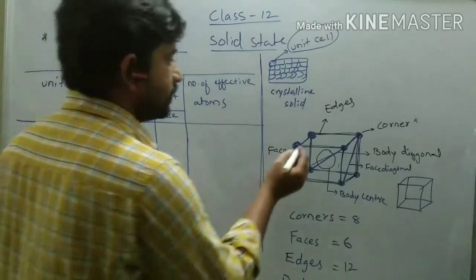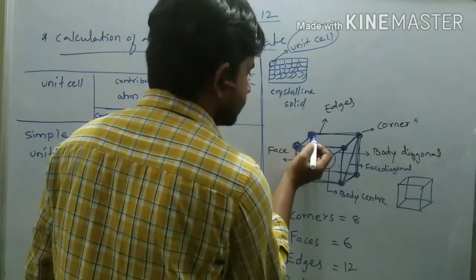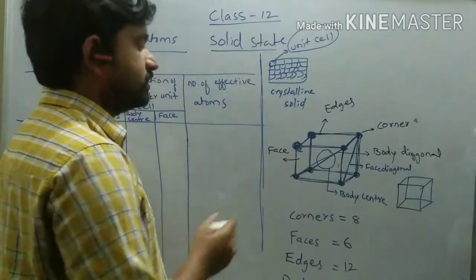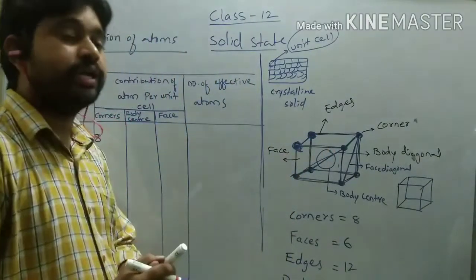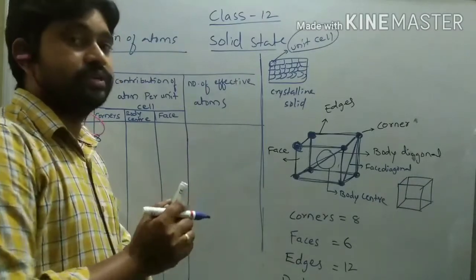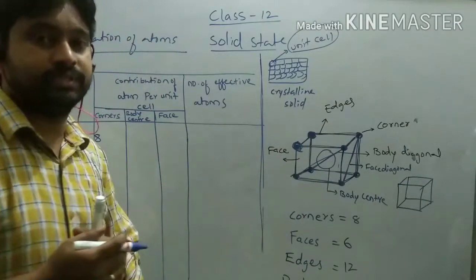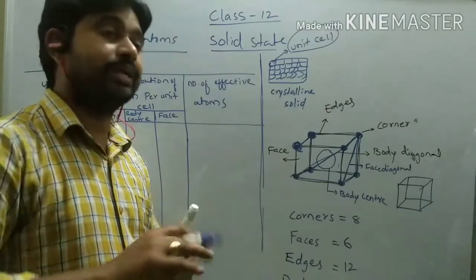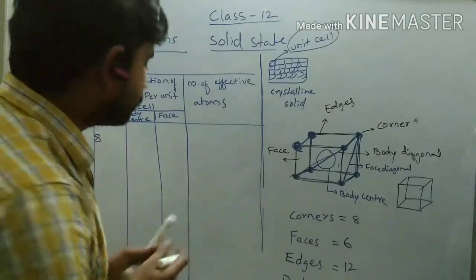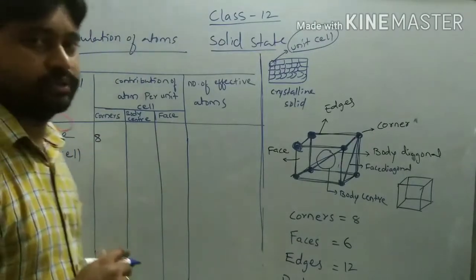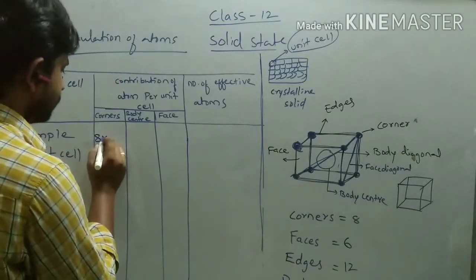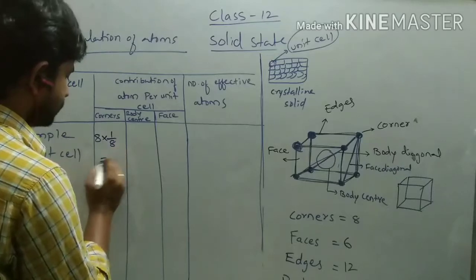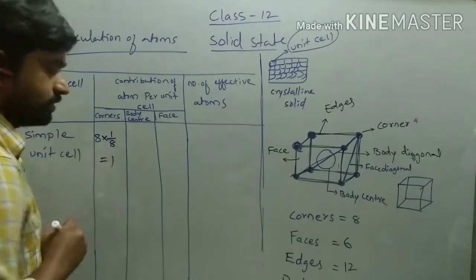Because these atoms will be shared with another 8 unit cells. So the contribution will be 8 into 1 by 8 is equal to 1.